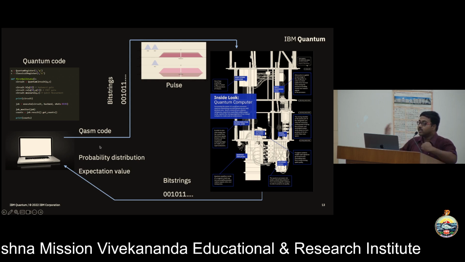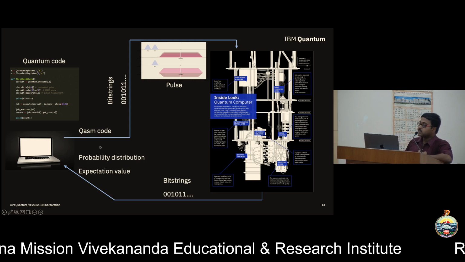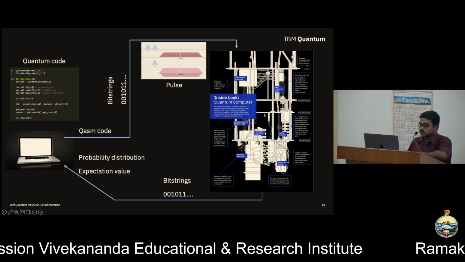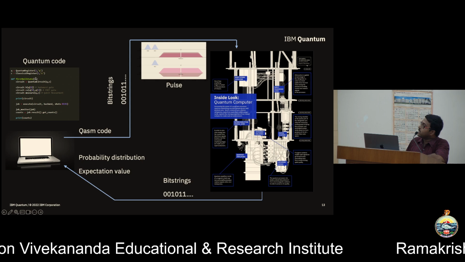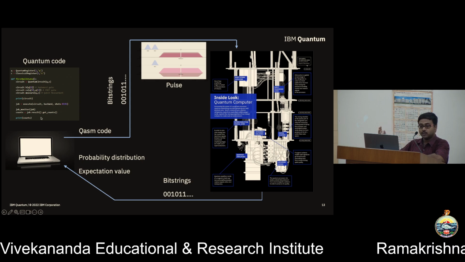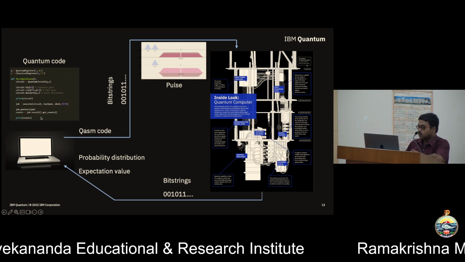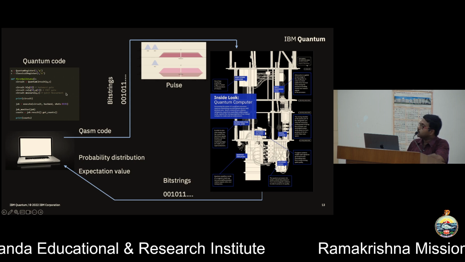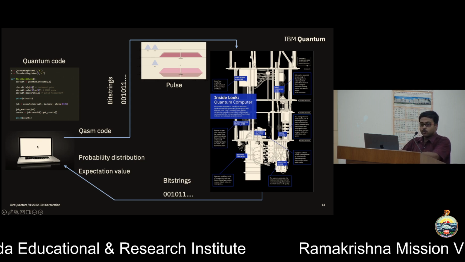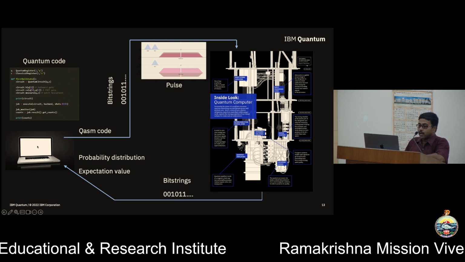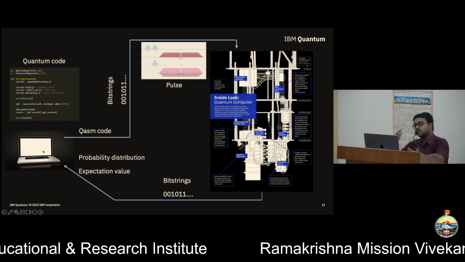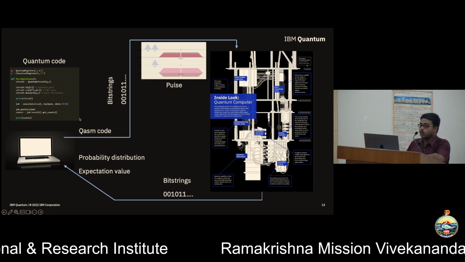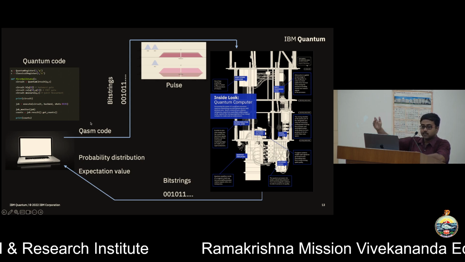And how we interact with it, we, as application researchers, are not experimental physicists. What we do is write code in Python, using a framework called Qiskit. I'll come to that. We write the code in Python on our own laptop or computer. Then, just like in a classical system, there is a compiler which breaks it down into something we call QASM code, just like assembly language.